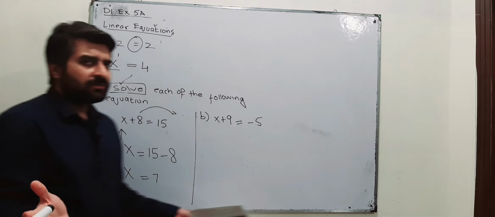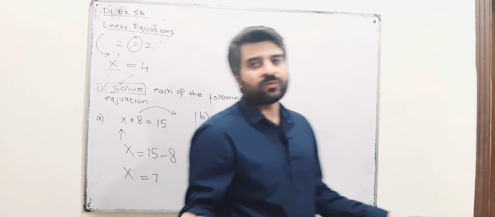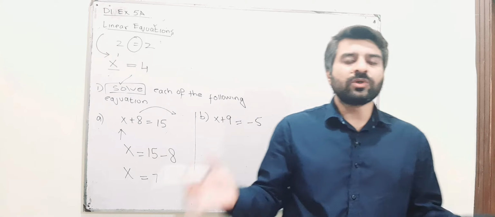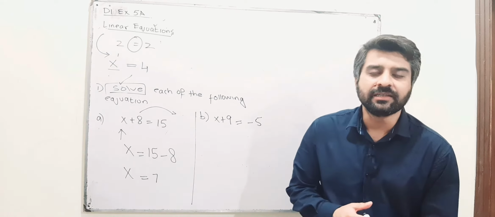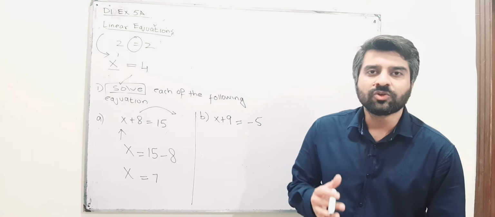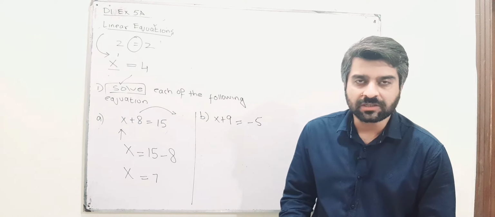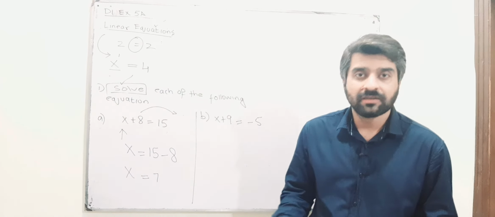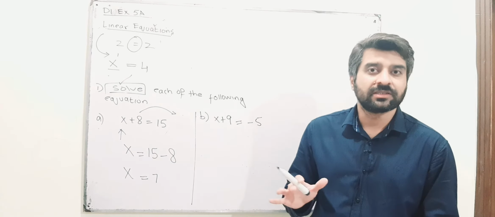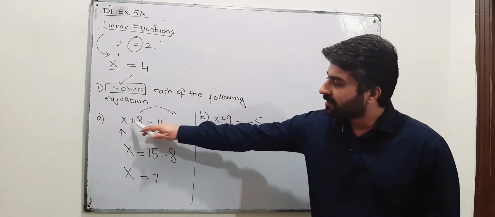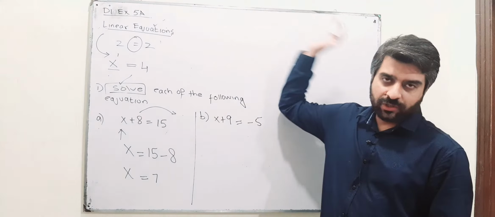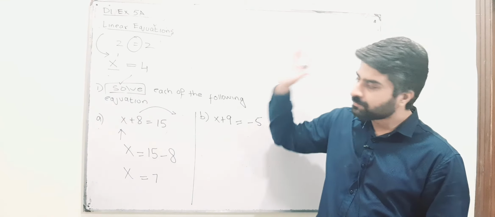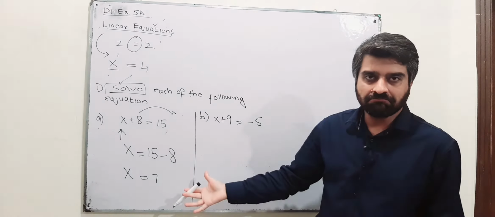Well, there is a common mistake, that is the mistake of the signs, and most of the students struggle with how to deal with the sign. Well, that is not difficult at all, just focus. This is positive. When you move it on the other side of the equation, you need to change the sign.